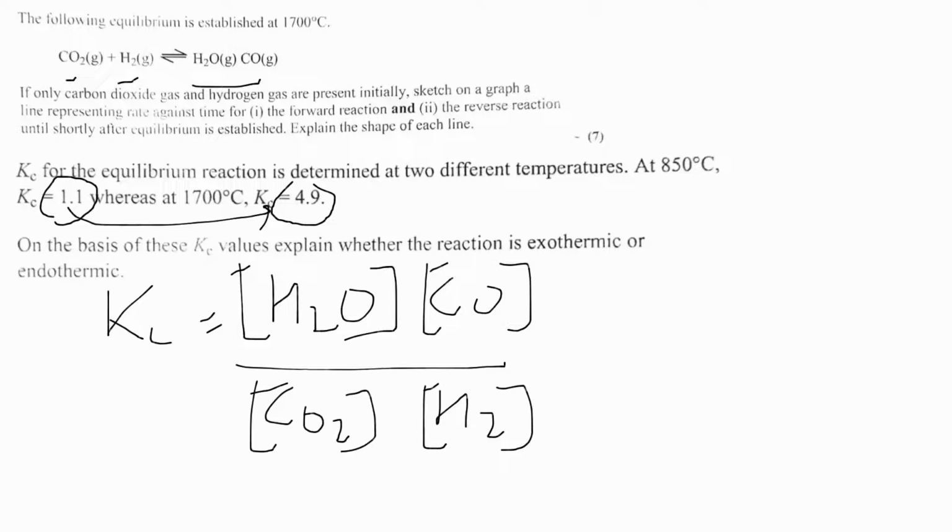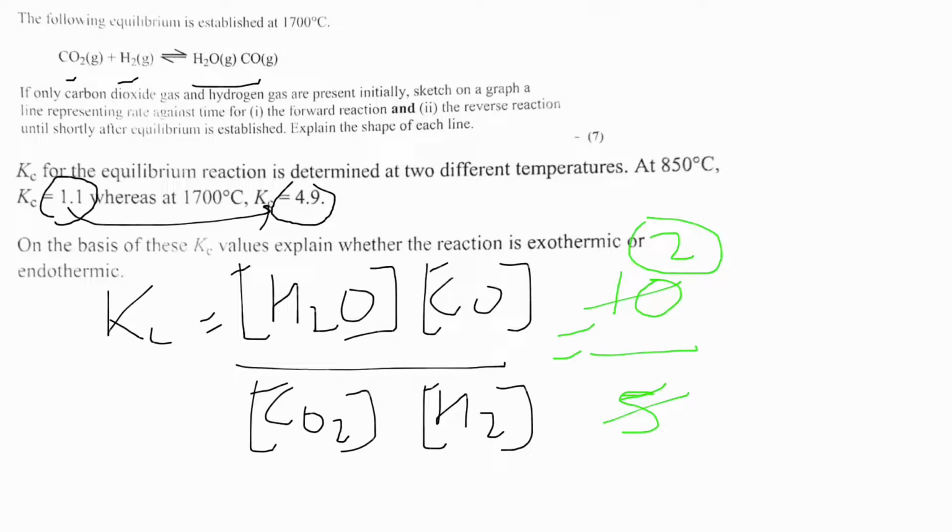Suppose H2O and CO, when you solve this, come to 10, and the denominator value is lower, so we take it as 5. So 10 over 5, the answer is more than 1, that is 2.